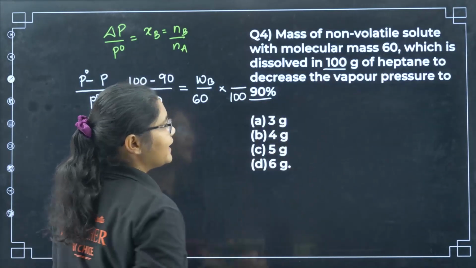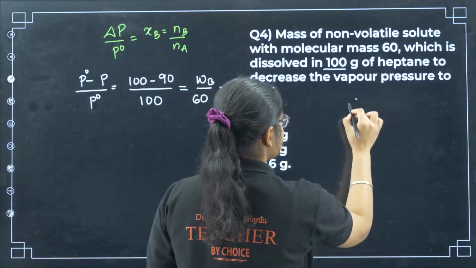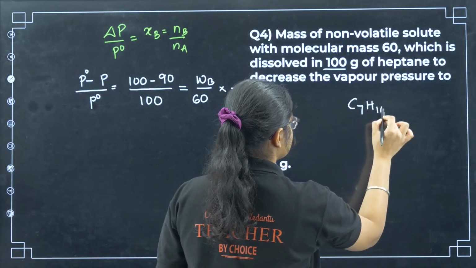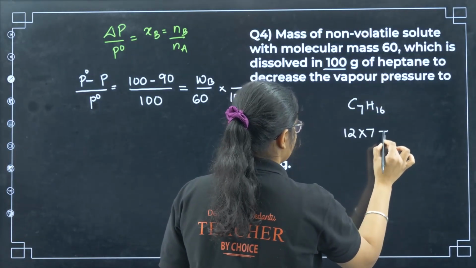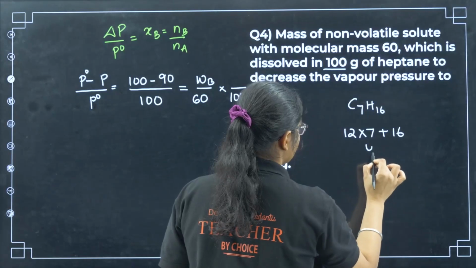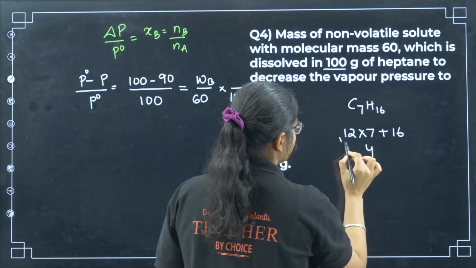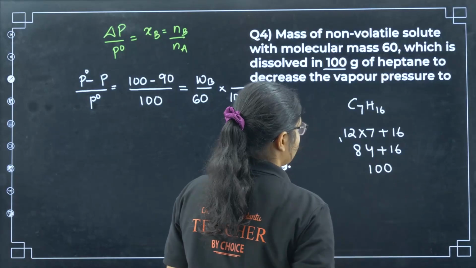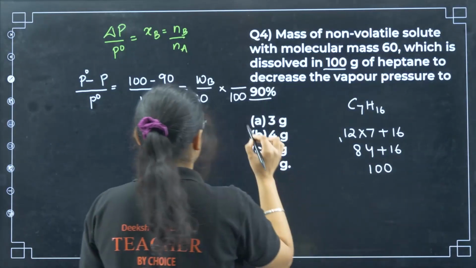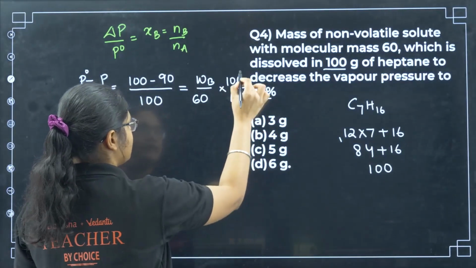And the heptane mass is what? Heptane is C7H16, right? So I can say 12 into 7 plus 16, so 7 2s are 14, 7 1s are 7, plus 1, 84, and 84 plus 16 will be 100. So I got the number of moles of heptane as 1, a very easy calculation.